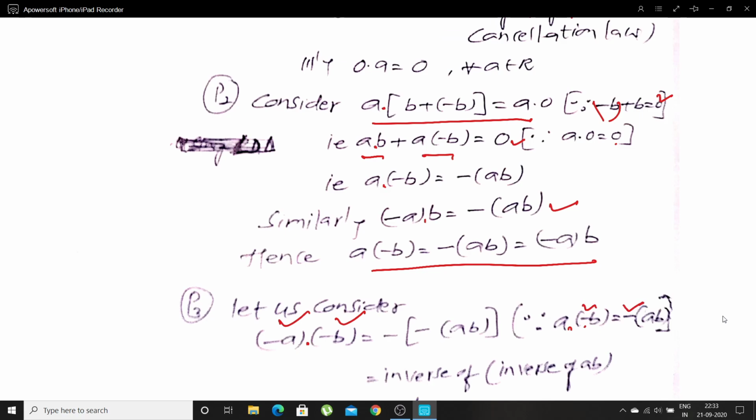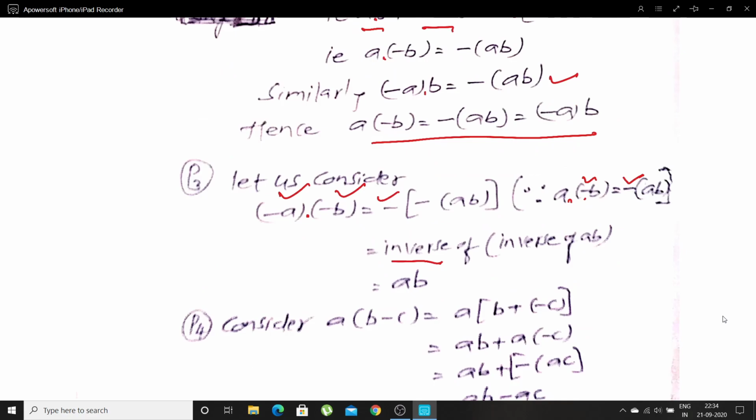Using this property, we write it as minus of minus ab. If I put this mathematical representation in words, it is inverse of inverse of the element ab, the product of elements ab. Minus into minus is plus. Inverse of inverse is the element itself, that is ab.